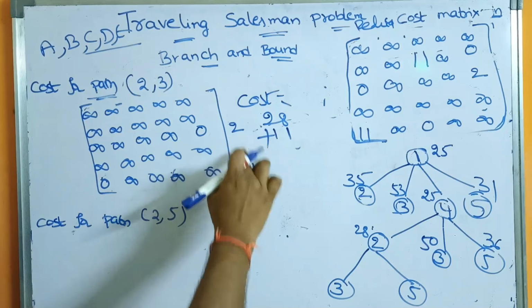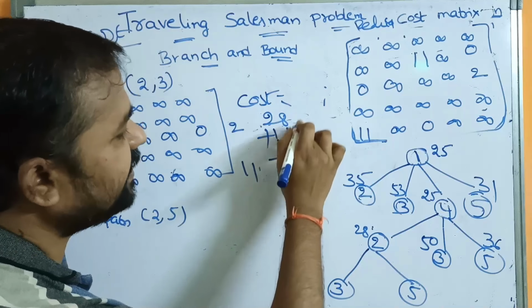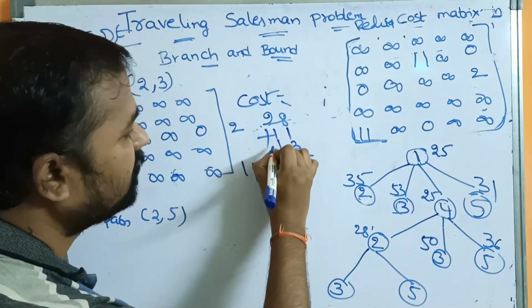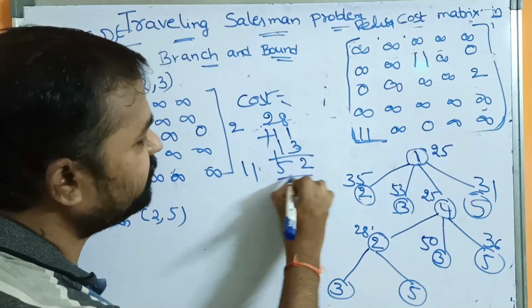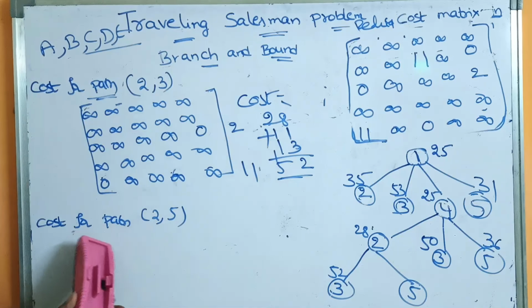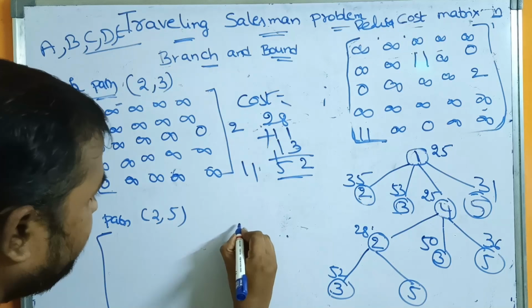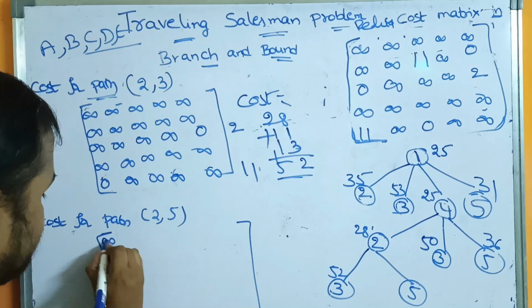Here we have 2. So 2 plus 11 means 13, and so on for the total. Okay, now let us determine the cost for the path 2 comma 5. So let us note down the first row.